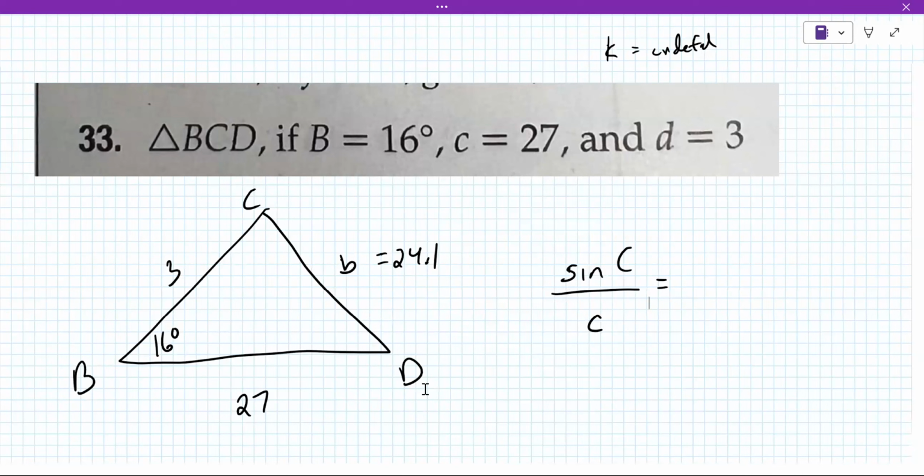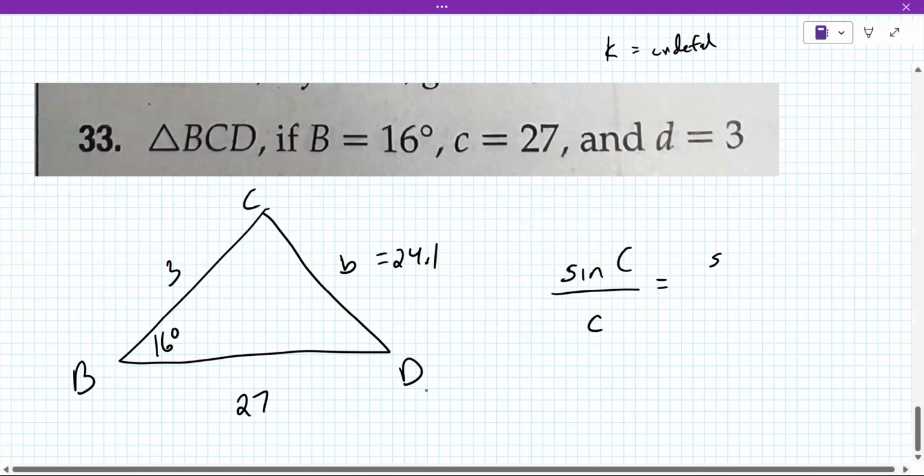So what do you divide by? It's sine C divided by 27. Big C is the angle. The angle is always with sine. So you have three of the four.